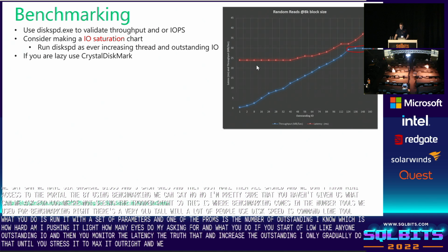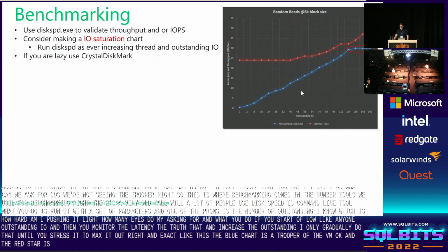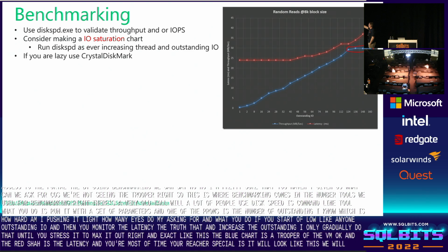And we draw a chart exactly like this. The blue chart is the throughput of the VM, okay? And the red chart is the latency. And most of the time, especially in Azure, it will look like this. We have linear scalability.